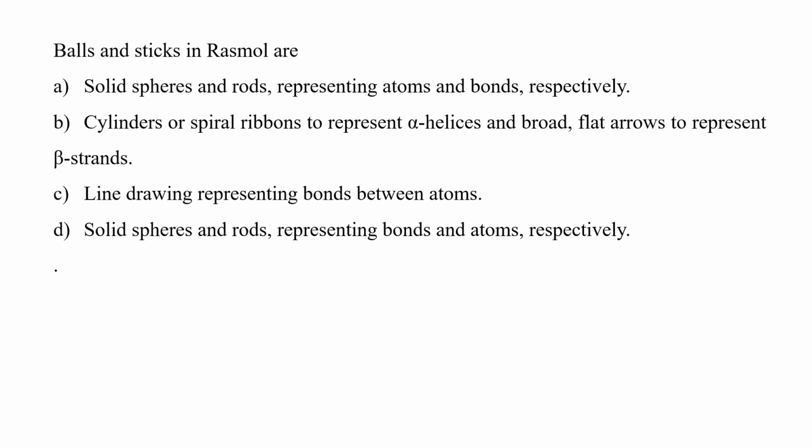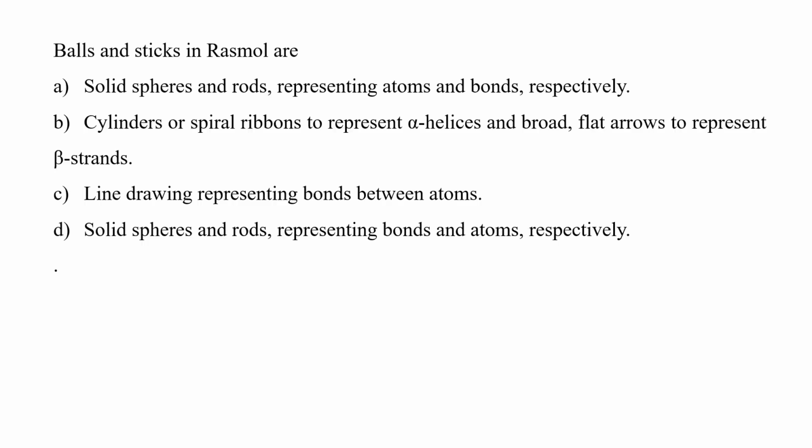Balls and sticks in RasMol: solid spheres and rods representing atoms and bonds respectively; cylinders or spiral ribbons to represent alpha helices and broad flat arrows to represent beta strands; line drawing representing bonds between the atoms; or solid spheres and rods representing bonds and atoms respectively.